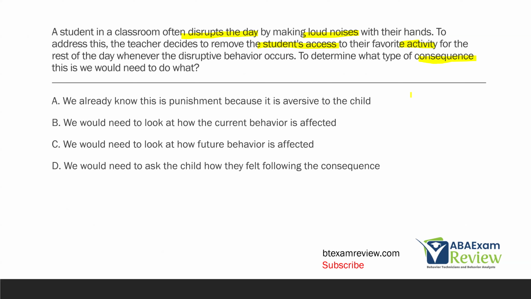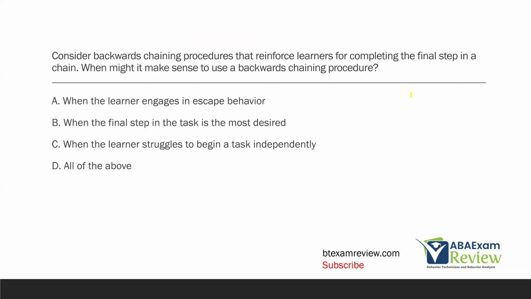And then D, we would need to ask the child how they felt following the consequence. You could, but it's not going to determine what type of consequence it is, because what the child says may or may not be accurate or fit with what actually happened to the behavior. Consequences are all about affecting future behavior. So that's what we're going to look to when determining what type of consequence is in place.